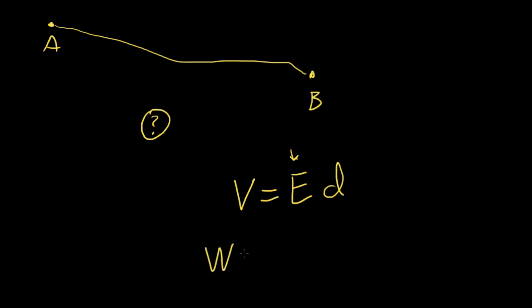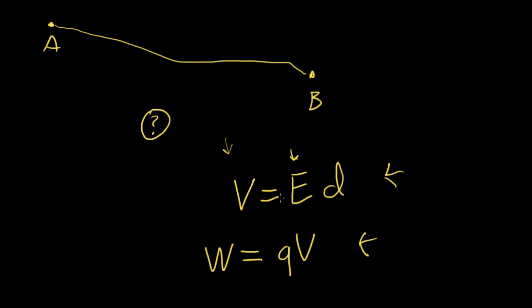If you're asked about work, which you may be, work for electricity is defined as charge times voltage. So Q times V. And that's simple too. I'm not going to work examples of these two equations. Remember, this isn't the only definition of voltage. We'll do lots of things with voltage as we move forward. Not today, but eventually.